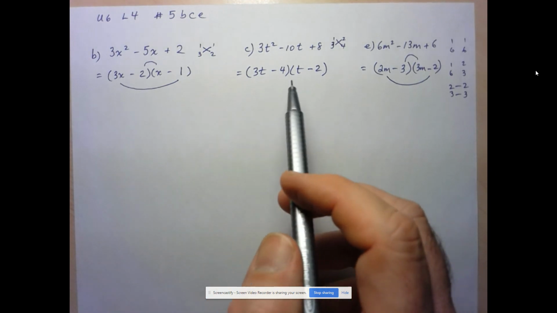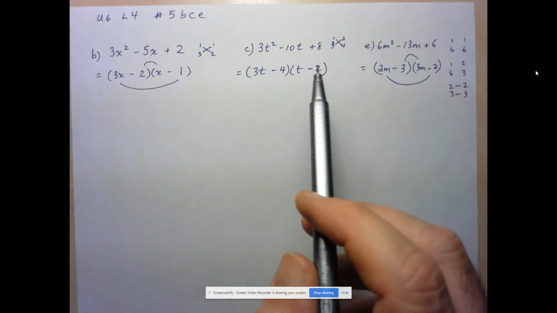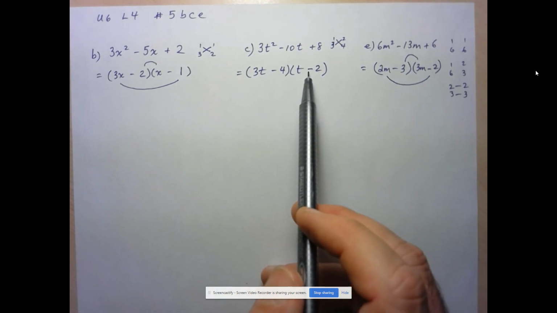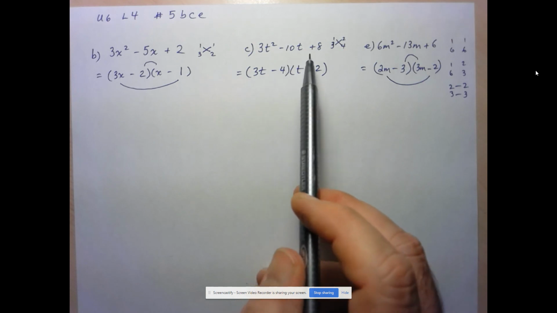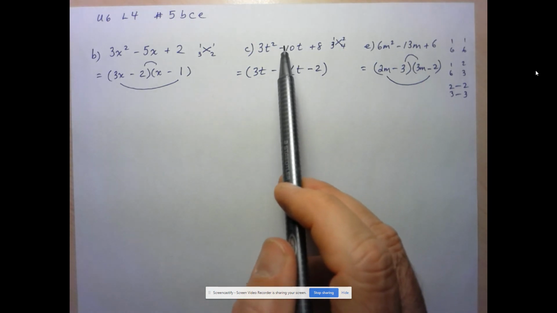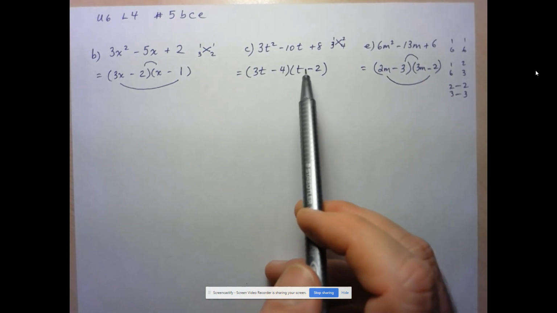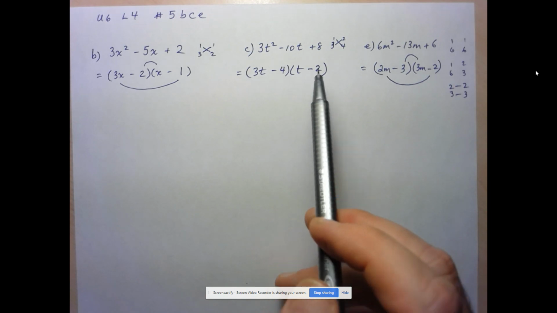Okay, and you start to develop an intuition as to what you might pick. You also start to develop an intuition to realize these are both going to be negative because they have to multiply to something positive, but then your sum has to be a negative number. Whereas if this was an addition here, you would know that both of them would have to be positive. Okay, that's it for this one.